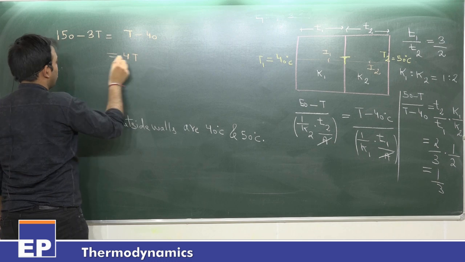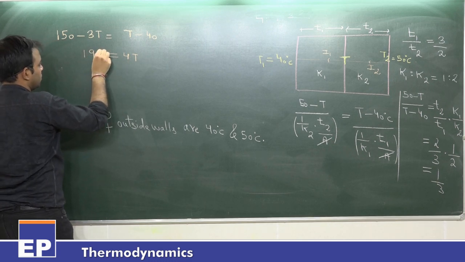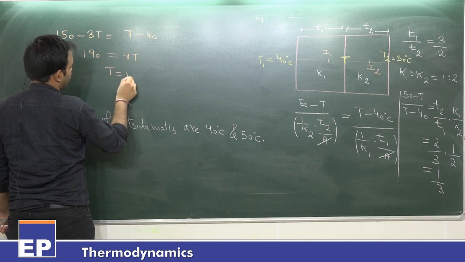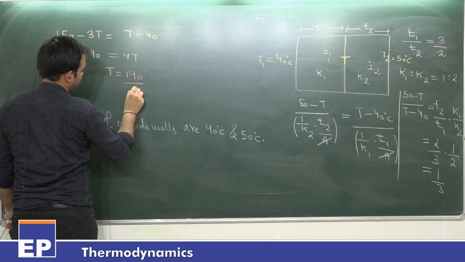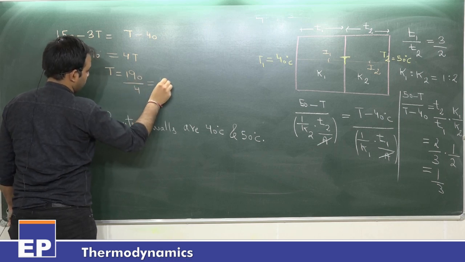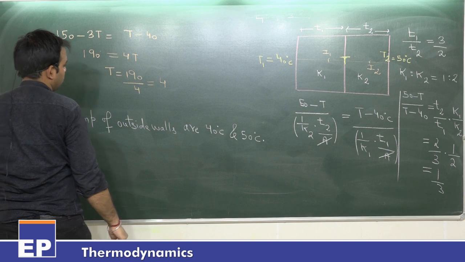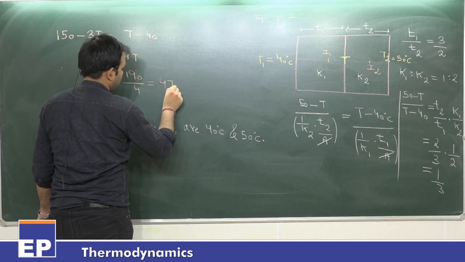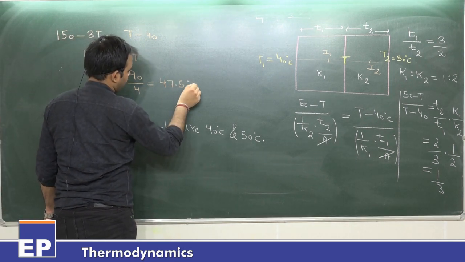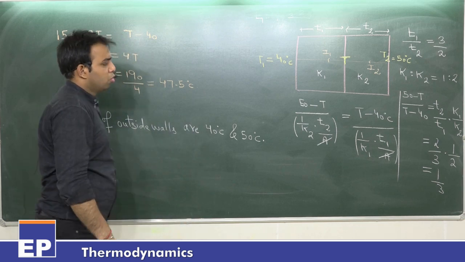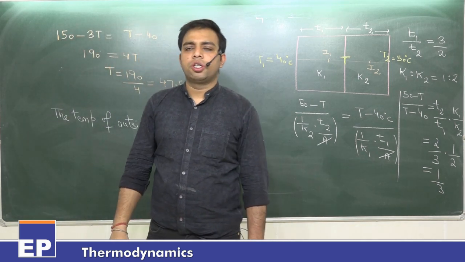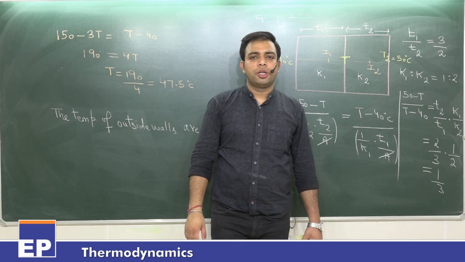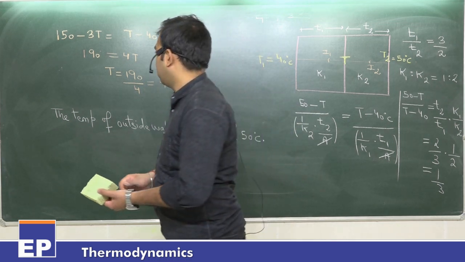That is 4T is equal to 190. T is equal to 190 by 4, 47.5 degrees Celsius. Right. So this is the value of the interface temperature, that is 47.5 degree Celsius. Is it clear? Yes, right.